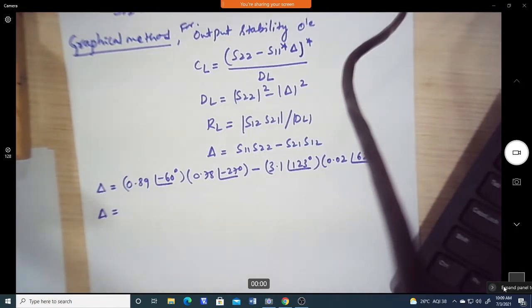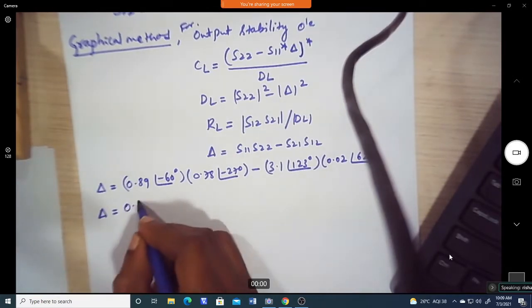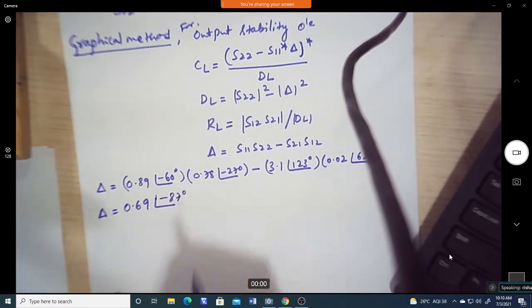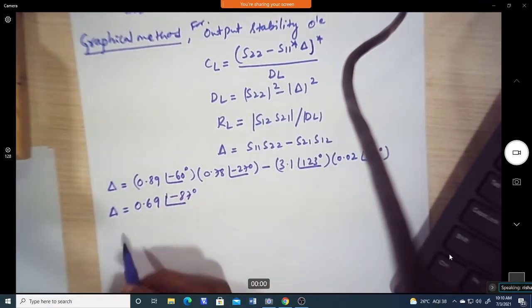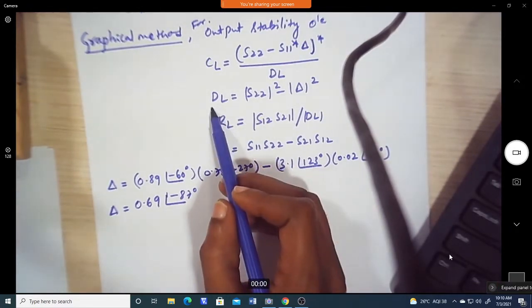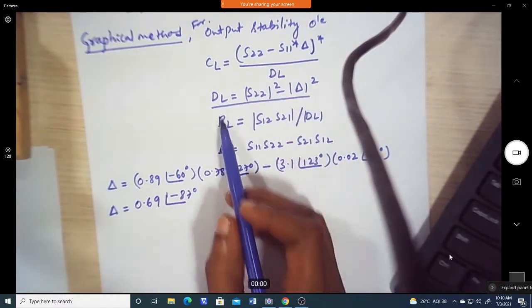What is the value of delta? It is 0.69 at an angle minus 87 degree.